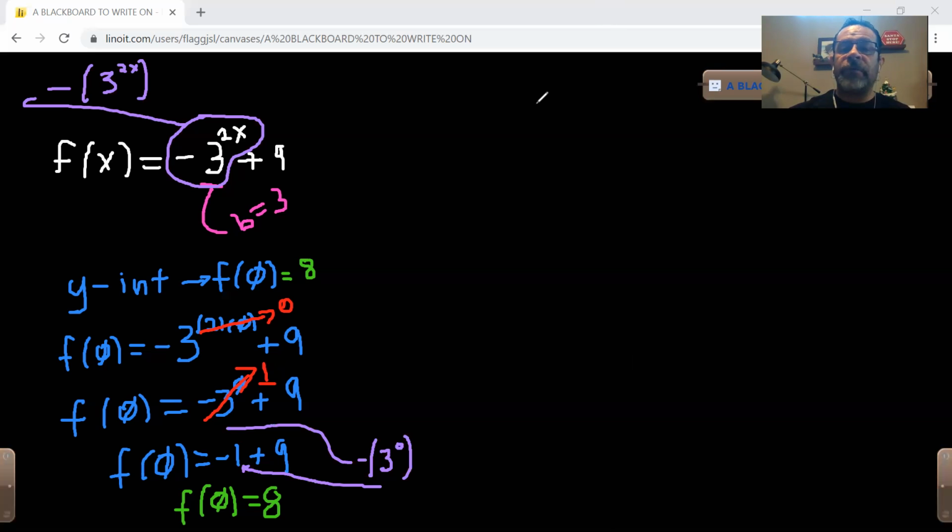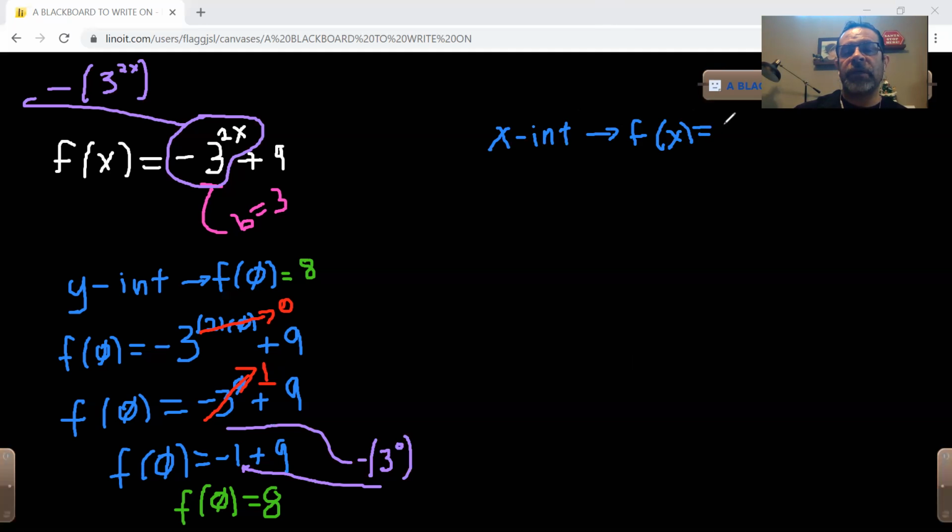Okay, so now we found the y-intercept. Now let's find the x-intercept. The x-intercept is going to occur for f of x equal to 0.